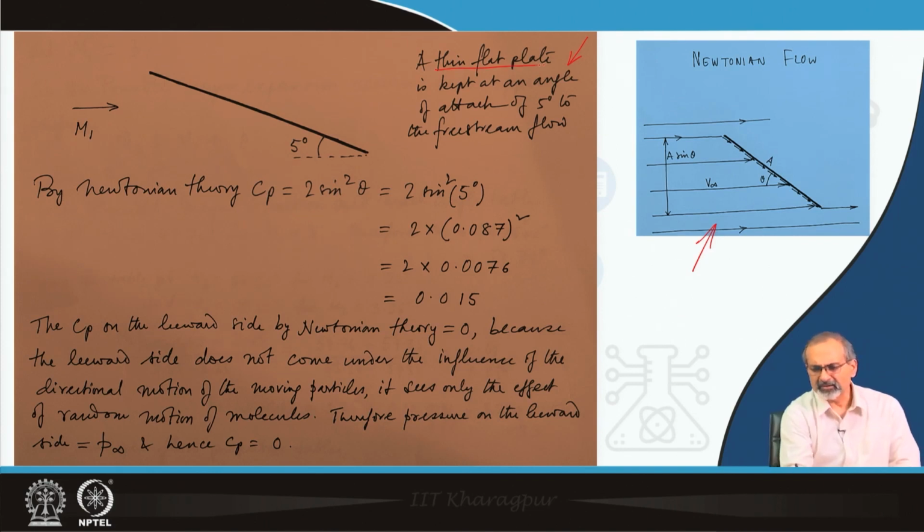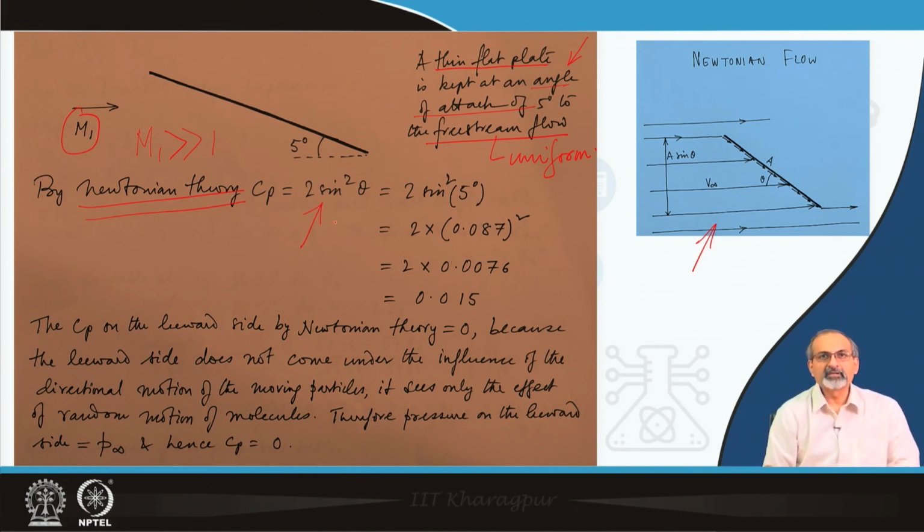Here you see a thin flat plate which is kept at an angle of attack of about 5 degrees facing a free stream flow, which is of course uniform, and you can have different Mach numbers with which the flow approaches this flat plate. If you assume that the Mach number is much larger than 1, then Newtonian theory of course gives reasonably good predictions, that is known from literature.